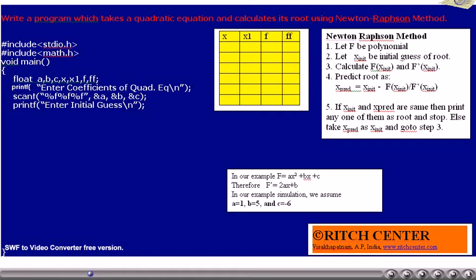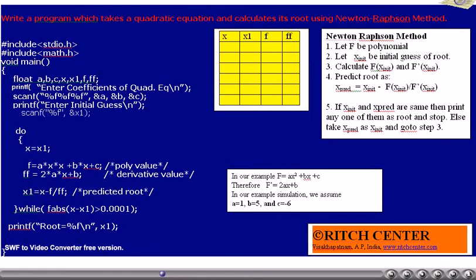We have used a do while loop to find the solution of this quadratic equation. The initial guess for the root is given as 2.